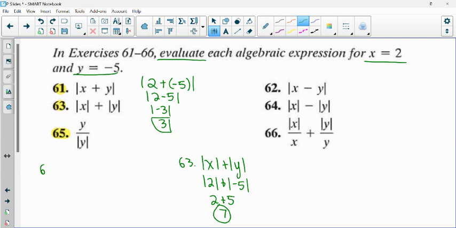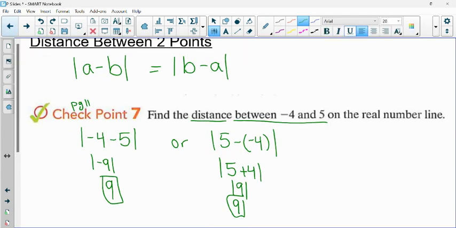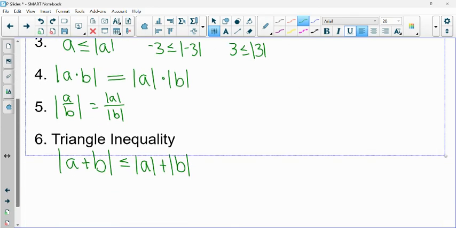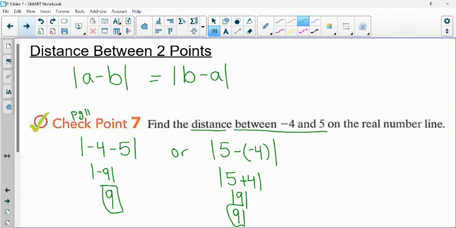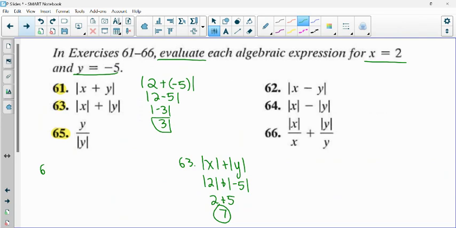And notice that triangle inequality that we wrote on this last page. We said that when they're added together inside absolute value, it would be less than or equal to when they're added individually. When we add them together underneath 1, it was 3. When we add them individually, it was 7. So 3 is less than or equal to 7, like we expected. So that just goes to show that that works.